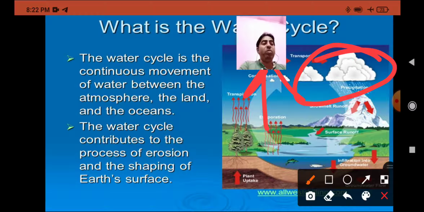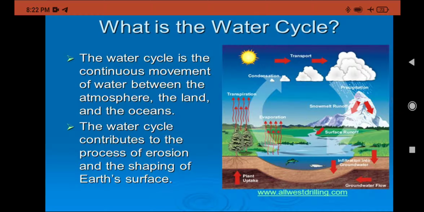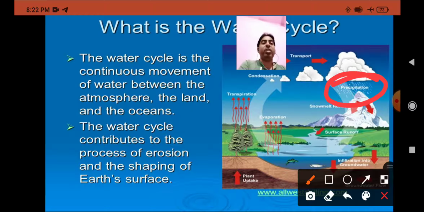Now the third term is called precipitation. You can see the word precipitation here. Water droplets come together to form huge water droplets. Some large water droplets are so heavy that the air cannot hold them, so they fall down as rain.